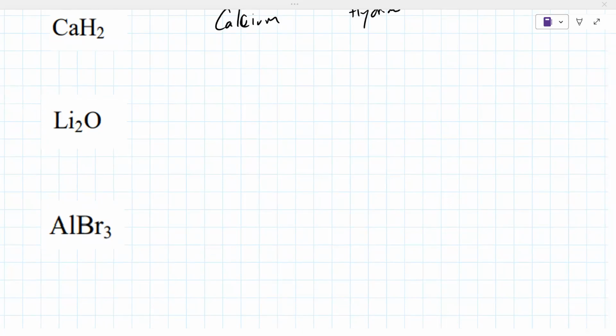Is it lithium oxide and then aluminum bromide? Okay.